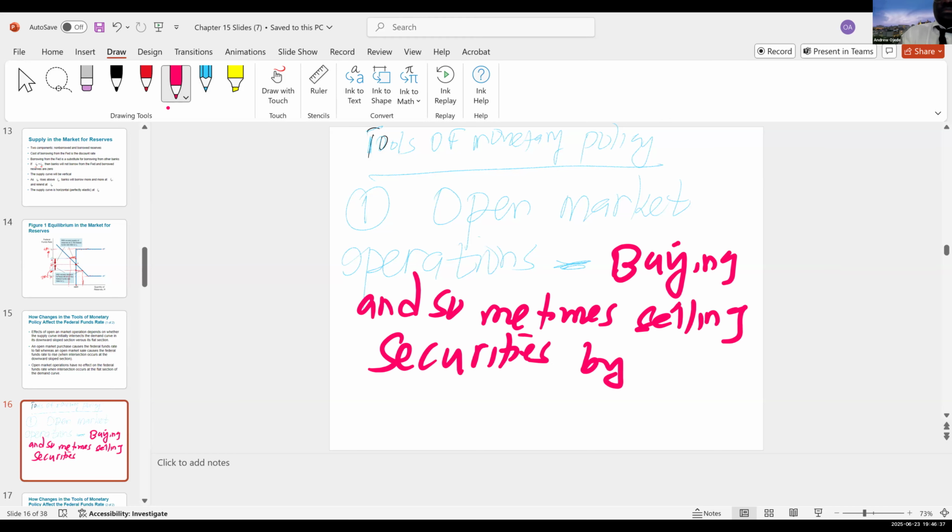But if the initial intersection between supply and demand for reserves happens at the flat portion of the demand curve, then buying bonds by the Fed will have zero effect on the federal funds rate. The federal funds rate will not change. That means monetary policy becomes ineffective. Because we forgot to put the flat portion here, which determines the what? The discount rate.